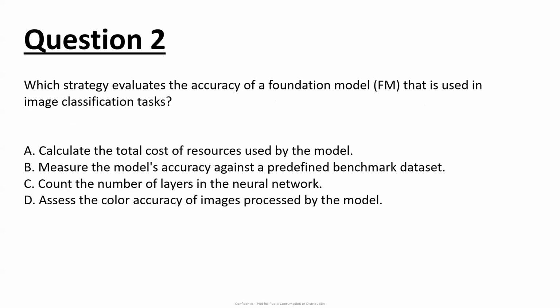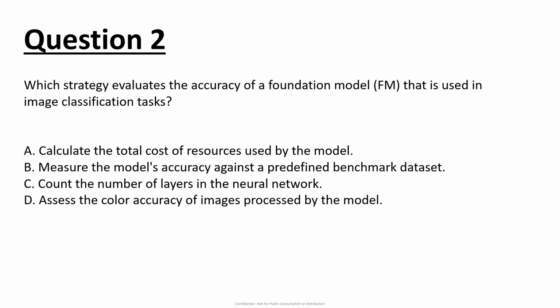Question 2. Which strategy evaluates the accuracy of a foundation model that is used in an image classification task? A, calculate the total cost of resources used by the model. B, measure the model's accuracy against a predefined benchmark data set. C, count the number of layers in the neural network. D, assess the color accuracy of images processed by the model.